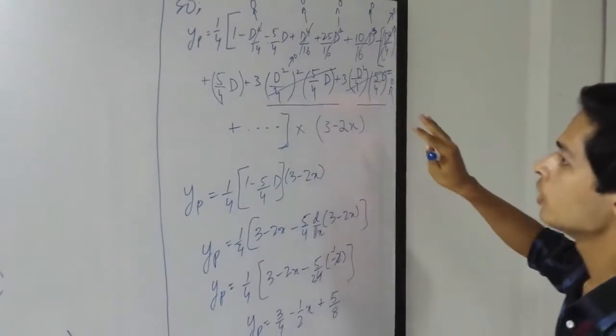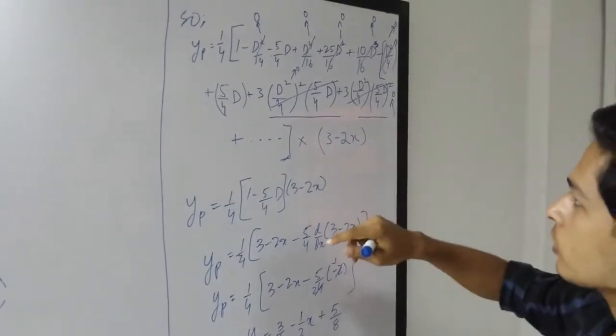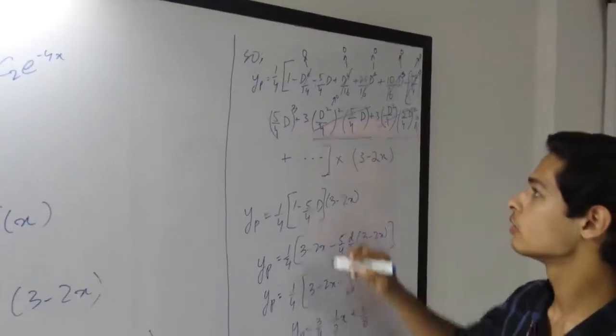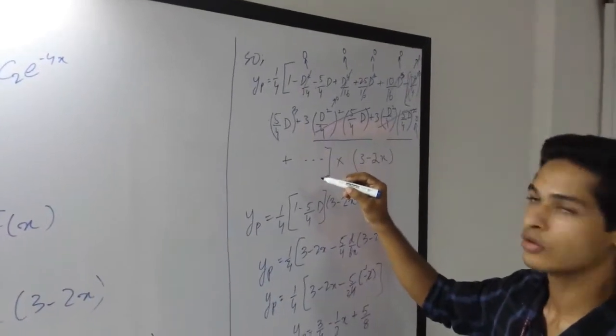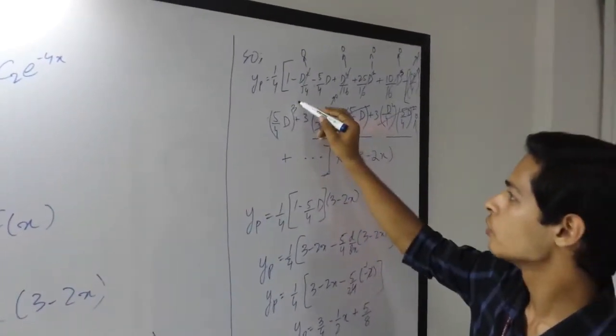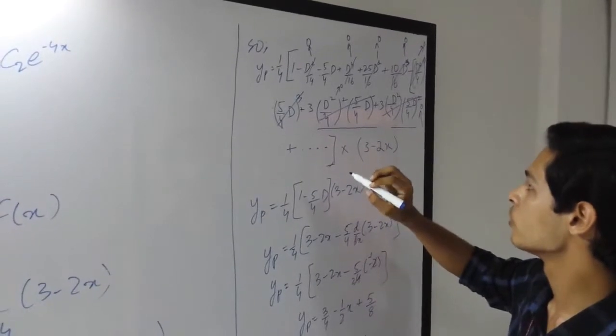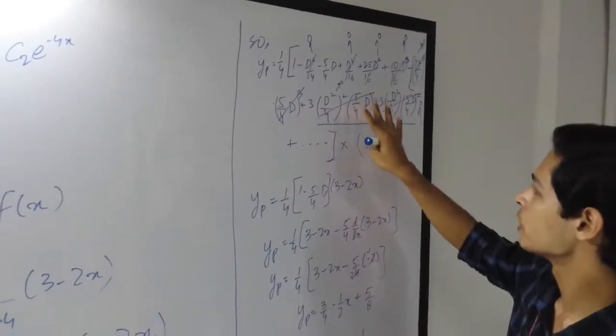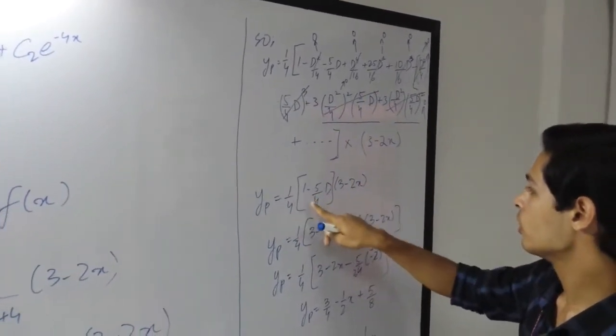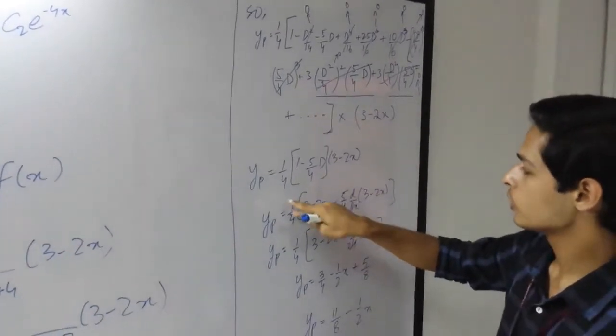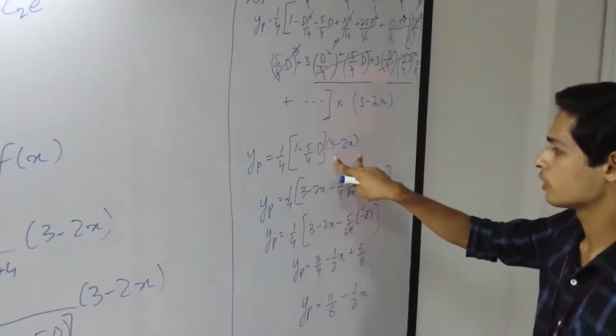These will all become 0, and so this term will also be equal to 0. The remaining terms for D will be 1 minus 5 upon 4D, multiplied by 1 upon 4 and 3 minus 2x.